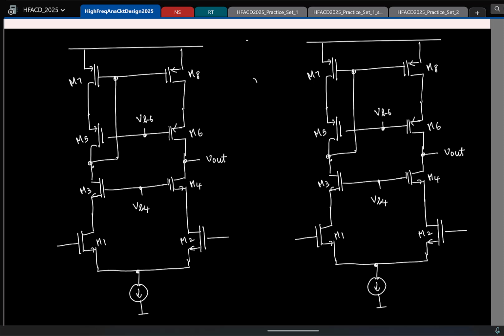So just like how I argued for these two currents, now I can do the same thing for the current flowing through M7 and M5, right? So which means I can generate the required bias voltage by doing this. Now I can extend the argument for the currents flowing through M5 and M3, and I can do this also.